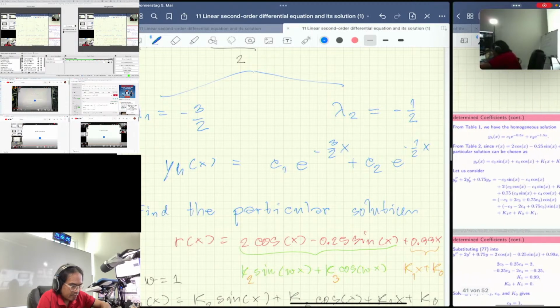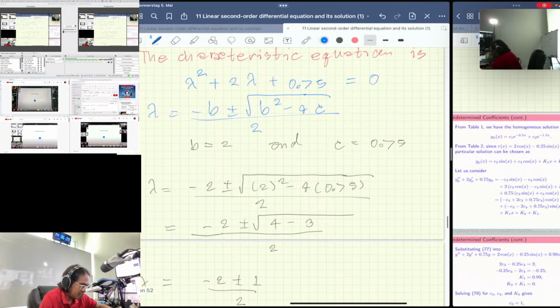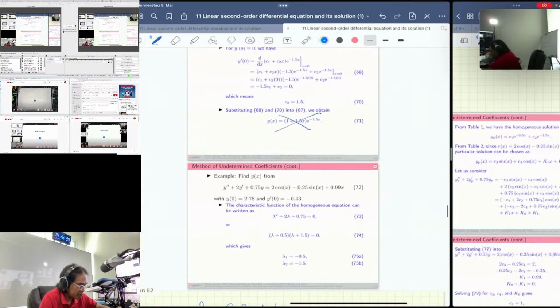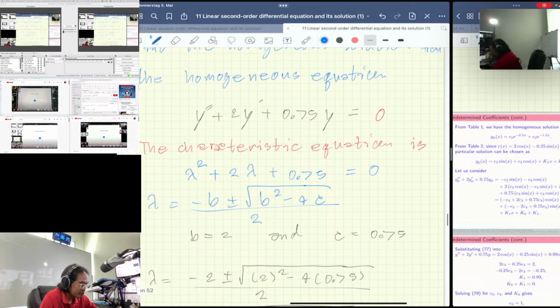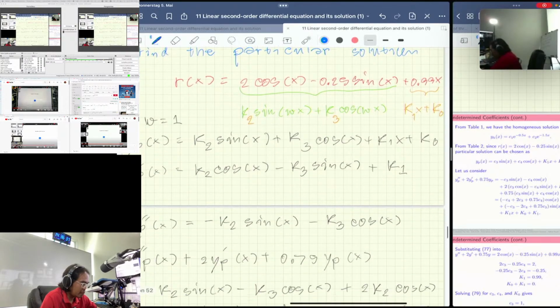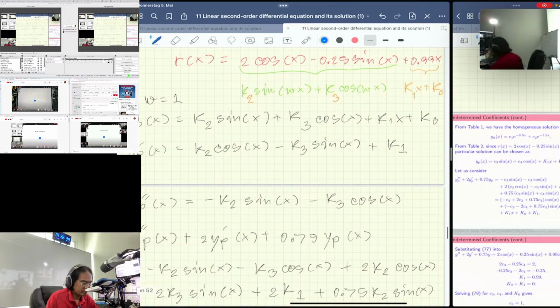Y prime. YP prime prime. Negative K. Oh, we don't have to worry about sine and cosine at all. You just add these terms. My god, I'm stupid.